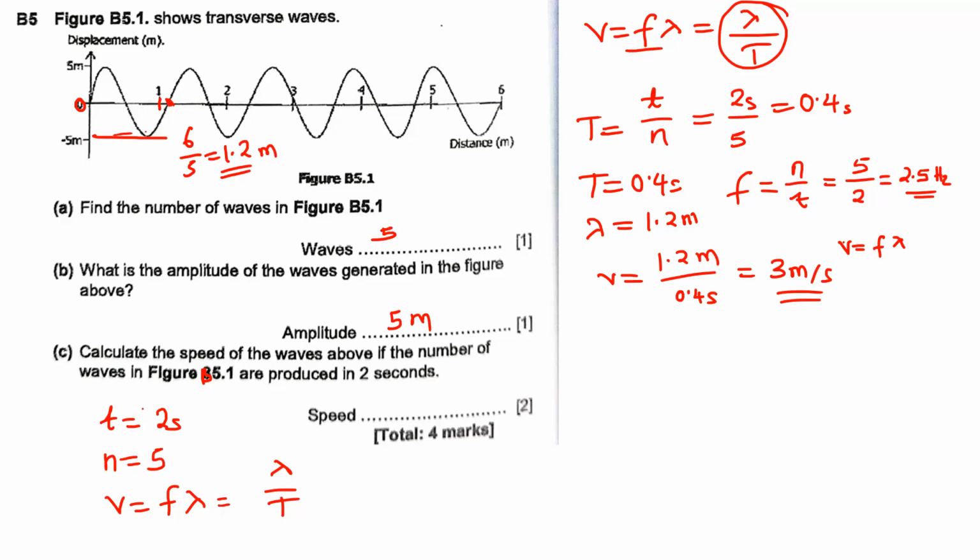Frequency, we found 2.5, then multiply by the wavelength, 1.2. So we have 1.2 multiplied by 2.5. It should give us the same answer, which is 3 meters per second. So either way, you'll find the same answer.